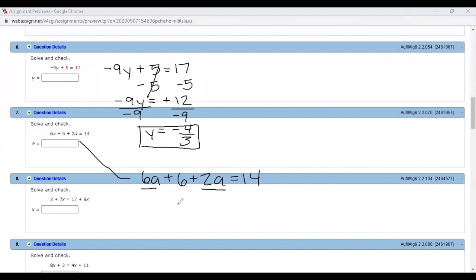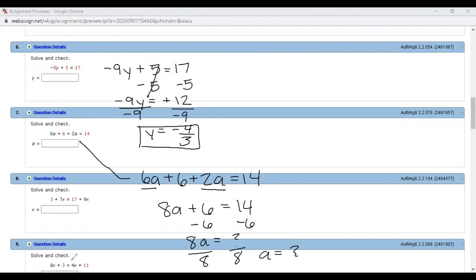These like terms can be combined to get 6a plus 2a, which is 8a. So our new equation will be 8a plus 6 equals 14. From here, we will continue as usual, subtract 6 from both sides, and we get 8a equals a number. Then we will divide by 8 on both sides to get what a equals, okay?